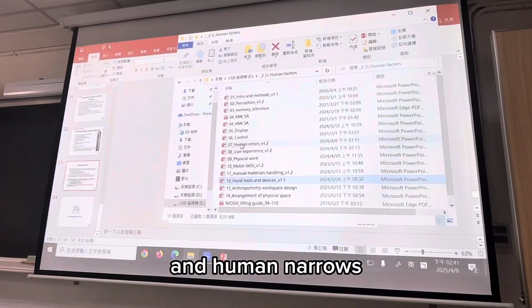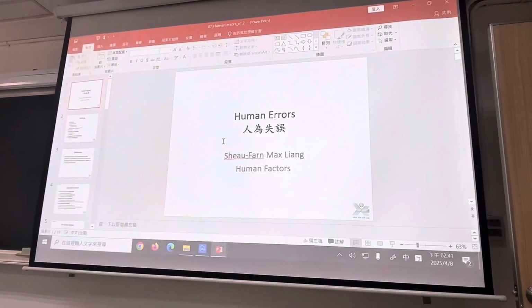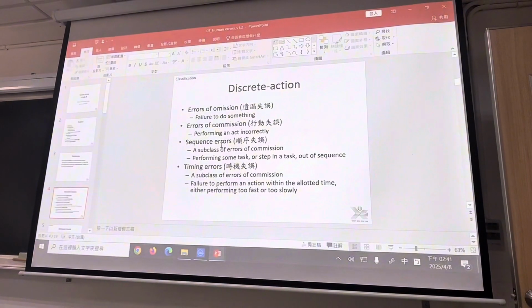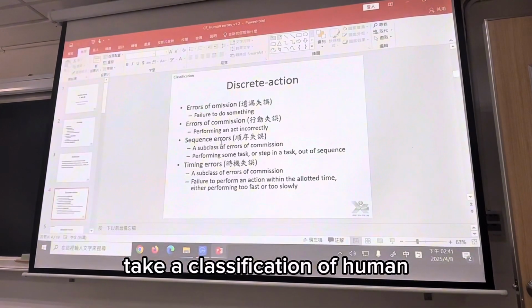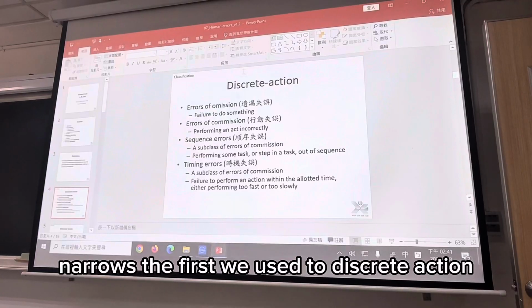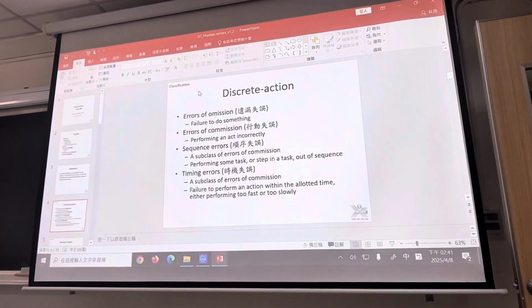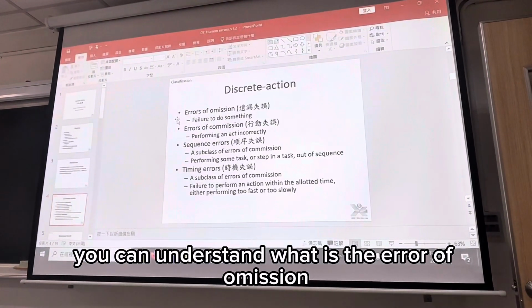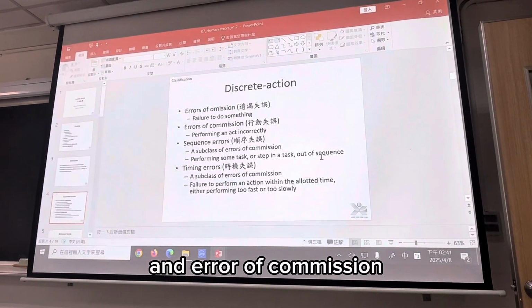The human errors. Okay, classification of human errors. First, we use the discrete action, so you can understand what is error of omission and error of commission.